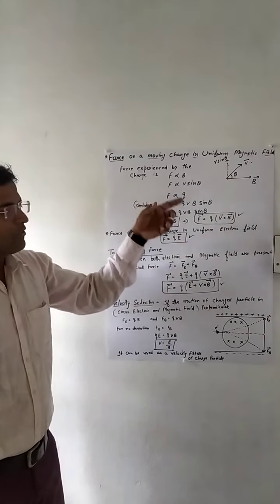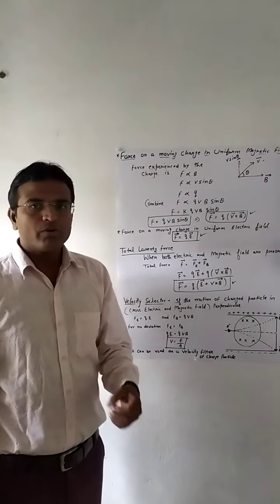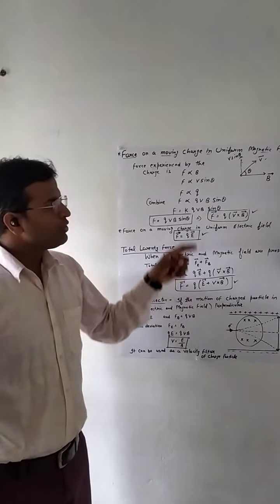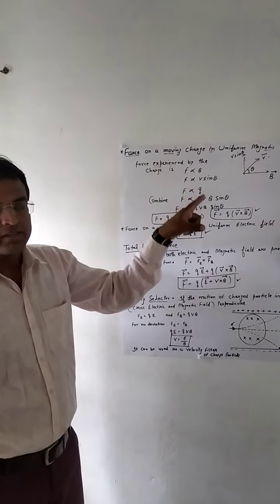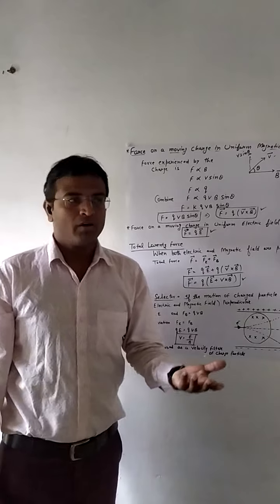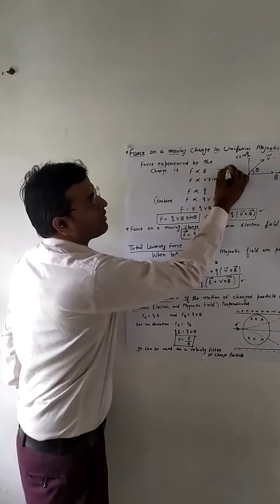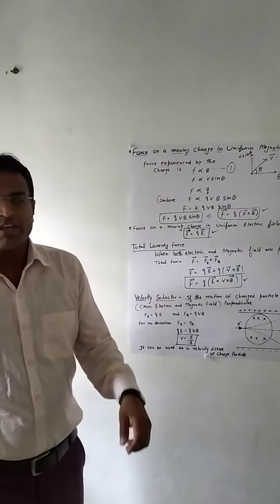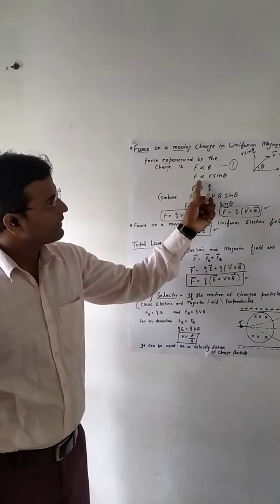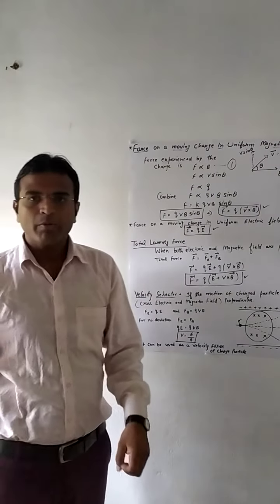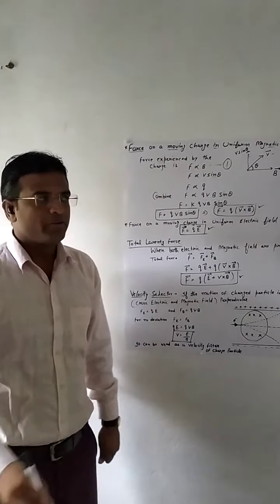Now, what is the value of force? Let us calculate the expression for force acting on a charged particle placed in uniform magnetic field. Force experienced by the charge depends upon various factors. One, force is directly proportional to the magnitude of magnetic field. Second, force is directly proportional to the perpendicular component of the velocity.